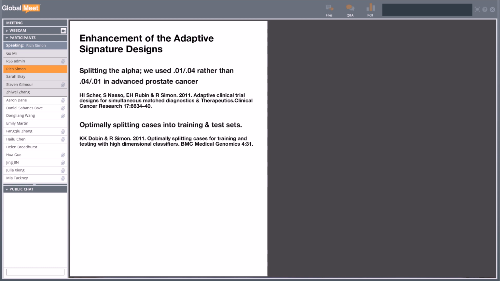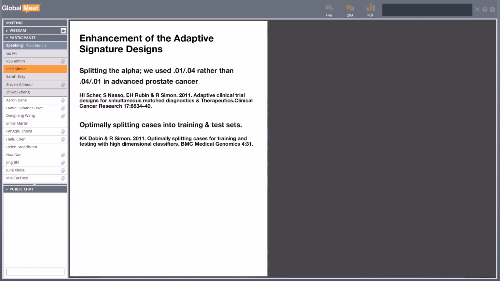This was not the cross-validated version of it, but where we just split it into training and testing, and we really would be better off, we found, having 0.04 for the subset analysis and 0.01 for the overall effect. And I think that's in agreement with a lot of the findings that Gu reports from his simulations.